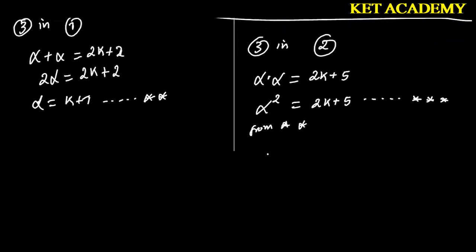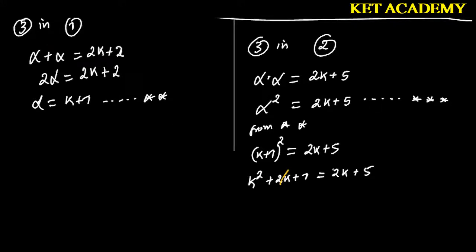So we're going to have k plus 1, all that squared, equal to 2k plus 5. Here we simply expand this, so we do the normal expansion. This will be k squared plus 2k plus 1 equal to 2k plus 5. We see clearly that something is going to cancel out.